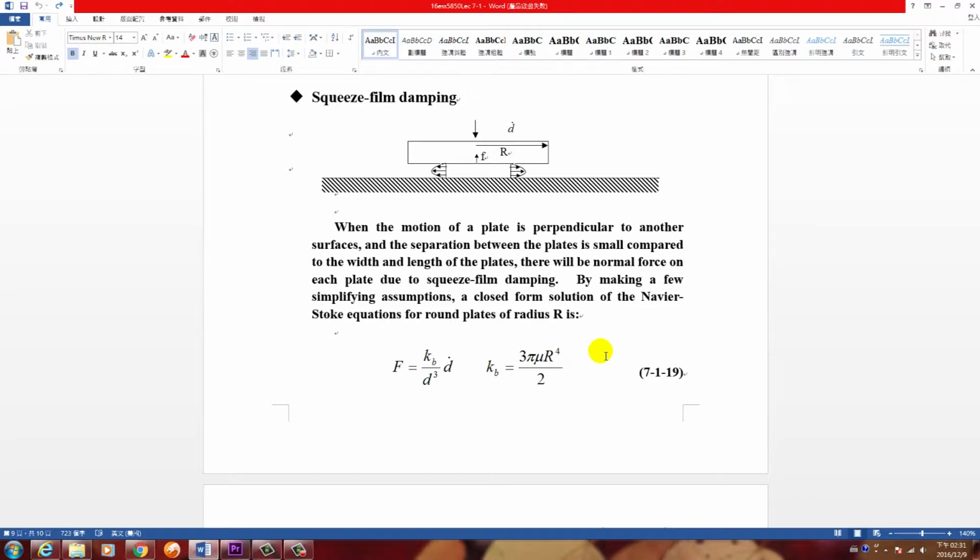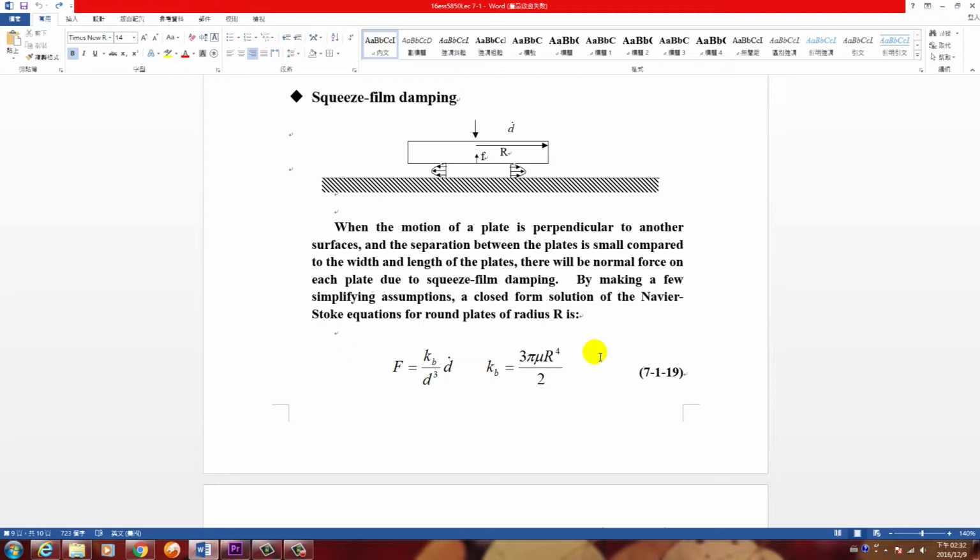It's a little bit different, but we can use this to give an estimation of what kind of damping force we can have here. So the parameter k here is proportional to the size of the plate. If you have a larger plate, you also have a larger force, because you need to push out the air from the bottom for a longer distance.